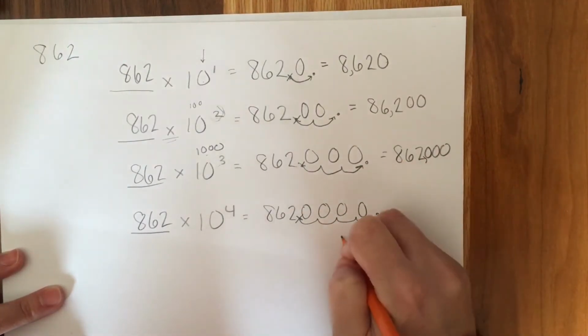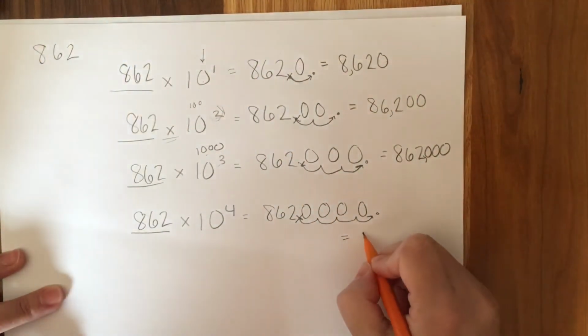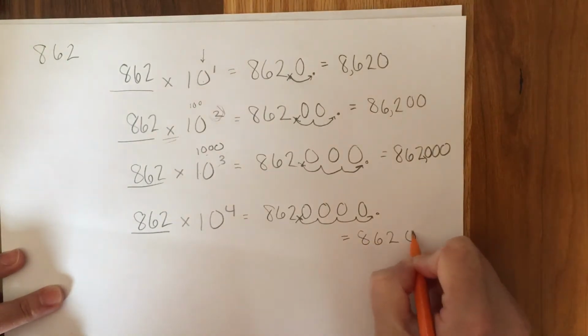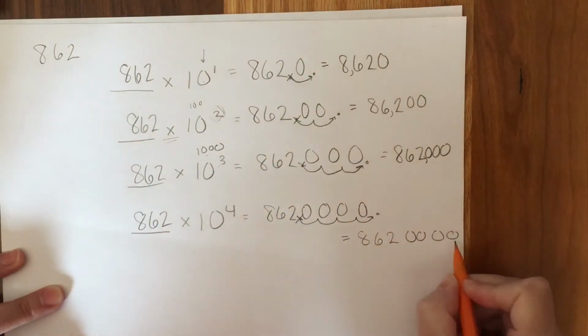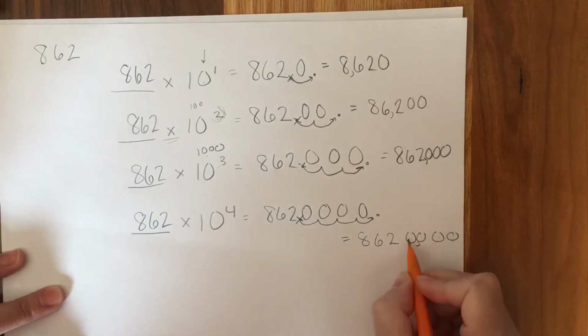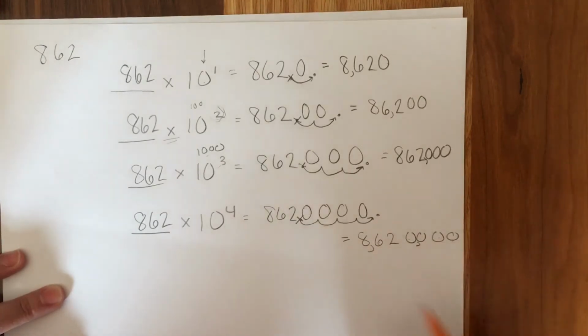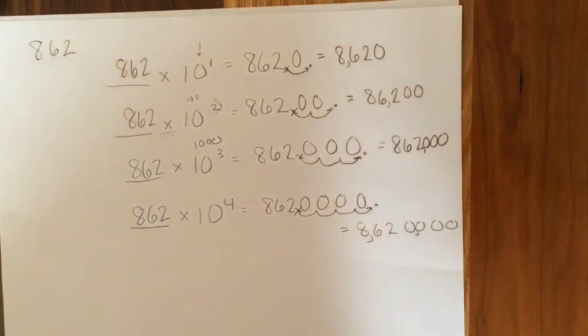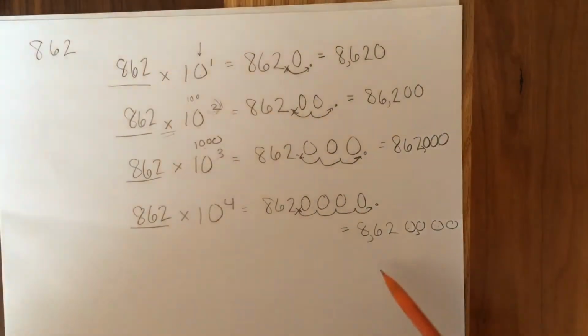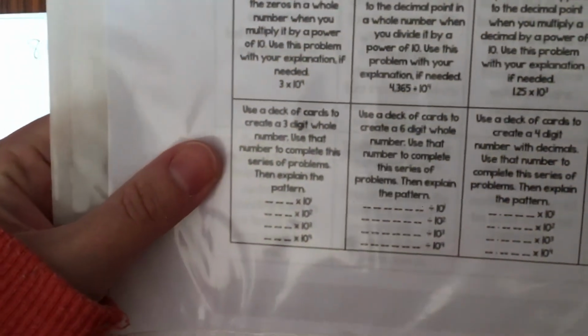I'm going to rewrite that number underneath just to give me some room here. 8620000. Cha-cha-cha slide. I get an answer here. 862 times 10 to the fourth is 8,620,000. Okay.